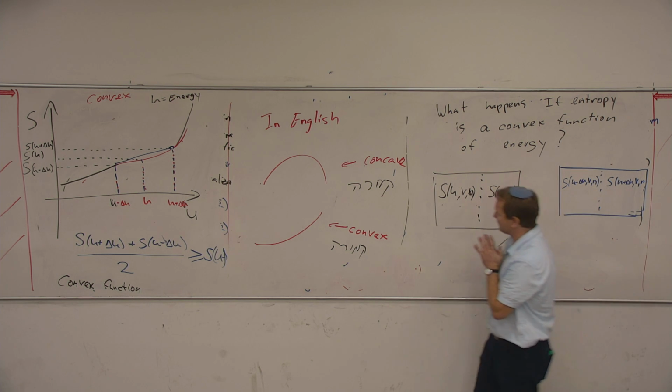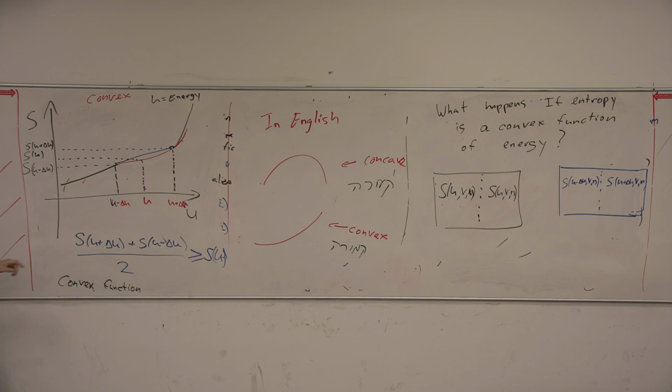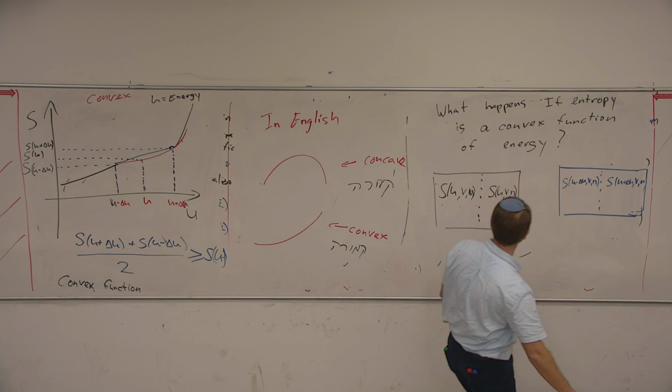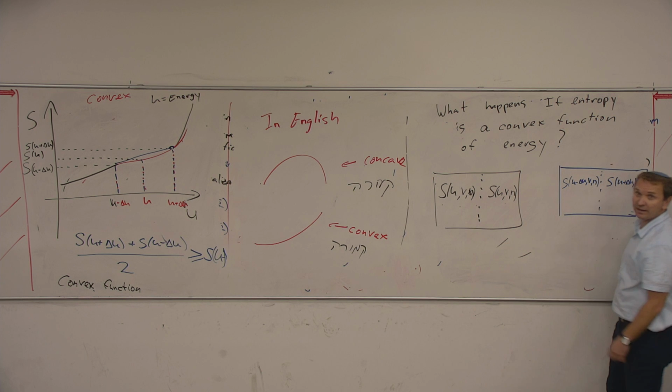Now, according to this, what will happen if I let this system evolve adiabatically?